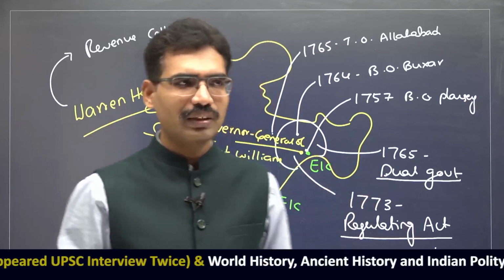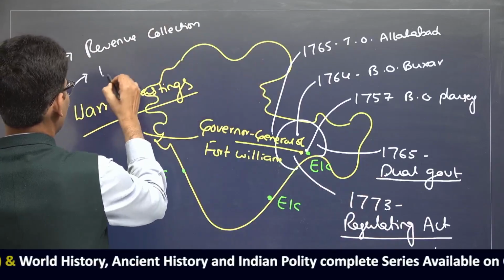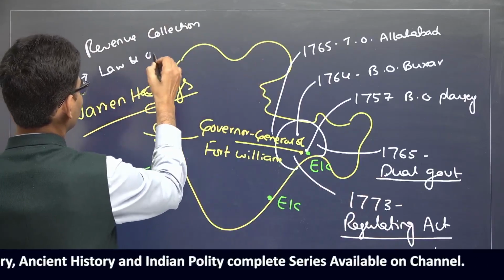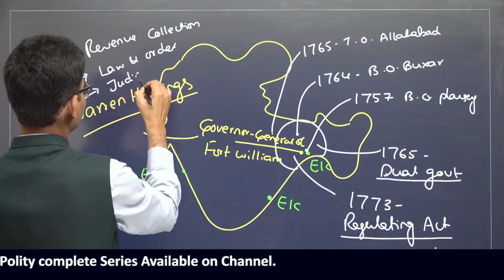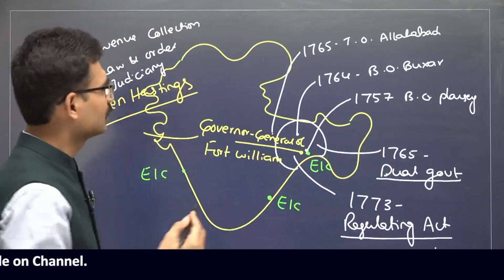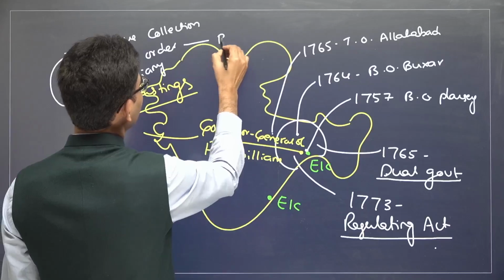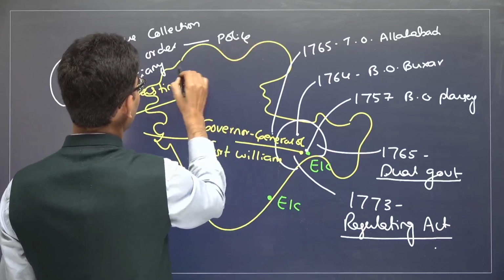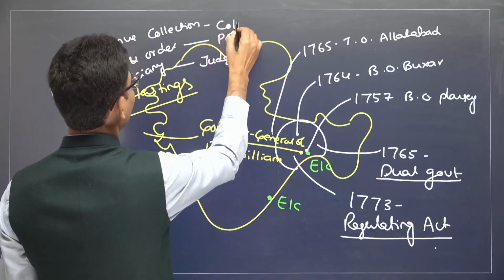That is where administration beyond the revenue department comes. That is law and order, judiciary. Simply, consider this is like police, and these are judges, and these are collectors.